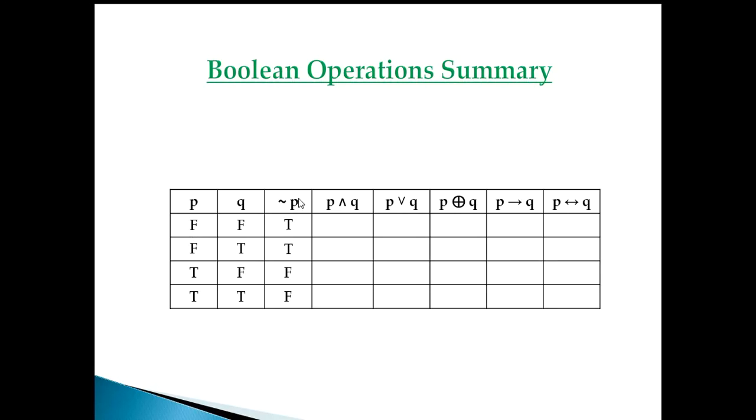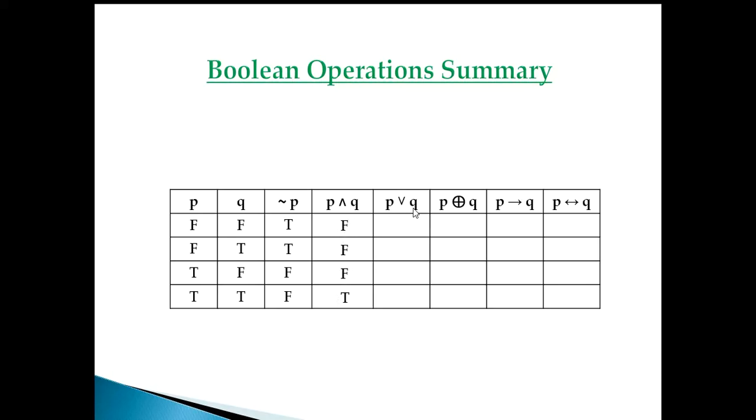So this is the negation connective. The second operator is conjunction, P conjunction Q. If both are true, then it is true, otherwise its value is false, right?